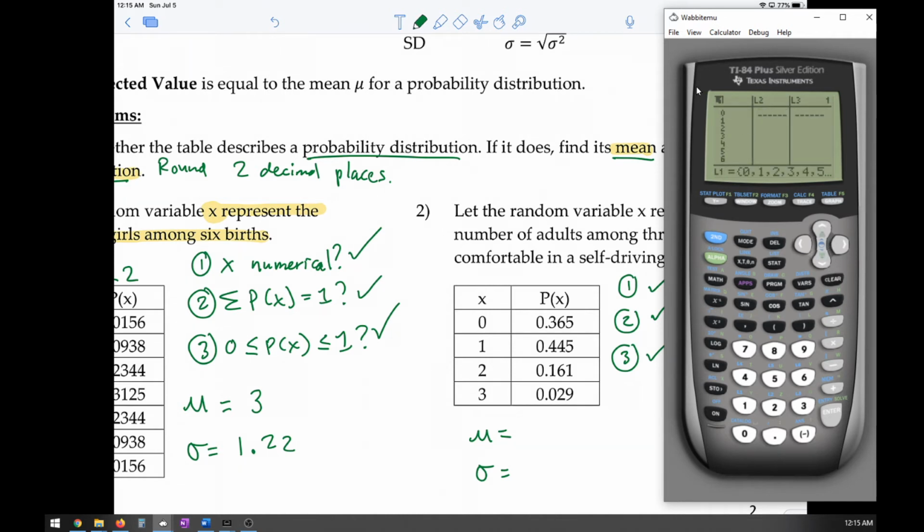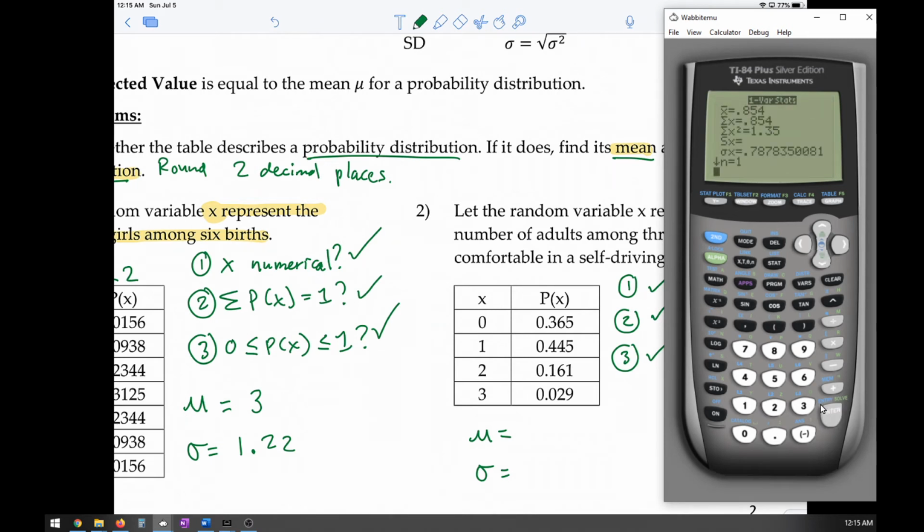Likewise, go up to L1, make sure it's highlighted, press clear, and press down, and then just put in the values that I want. Do same here. Okay, so once we have those two lists, we're going to go to stat, calc, one var stats, list 1, list 2, looks good. And there it is.